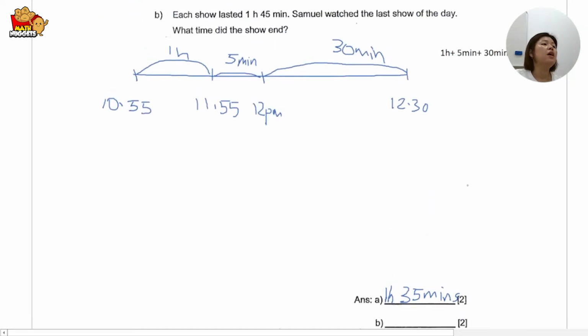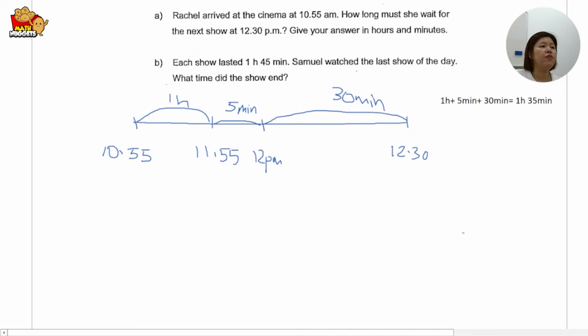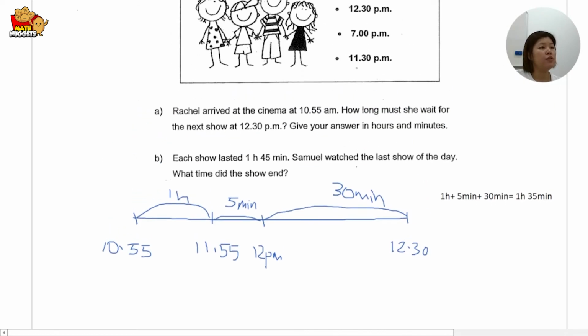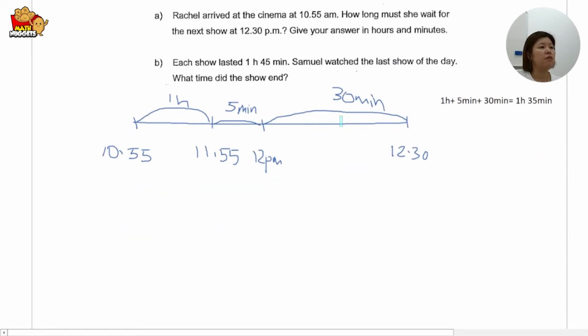Okay, next. Each show lasted 1 hour 45 minutes, and Samuel watched the last show of the day. Last show of the day is, wow, 11:30. So what time does it end? So another timeline.